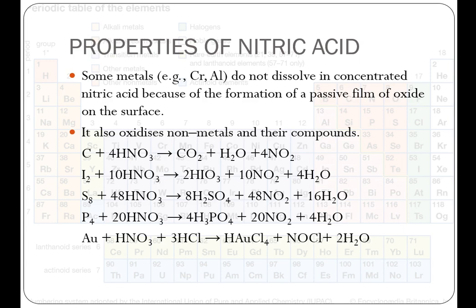Iodine gets oxidized to iodic acid. Sulfur is oxidized to sulfuric acid and phosphorus gets oxidized to phosphoric acid. Nitric acid along with 3 parts of HCl, which is better known as aqua regia, also dissolves gold.